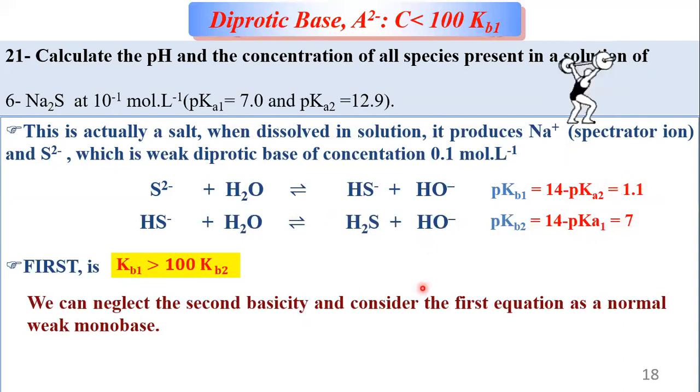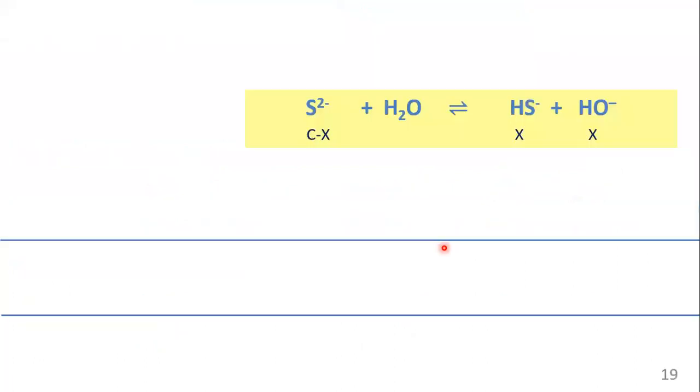I can neglect the second basicity and consider the first equation as my normal weak base calculation, and I don't consider it at all as if it's a diprotic base. And so here's my equation, and that's what will determine my OH minus concentration, which will determine my pOH and thus pH.